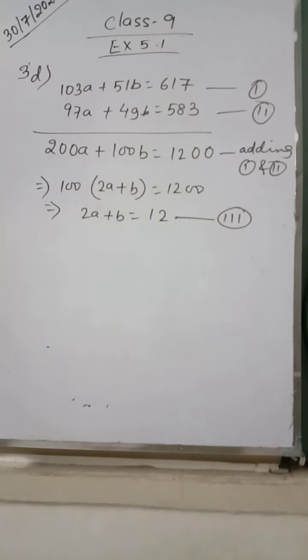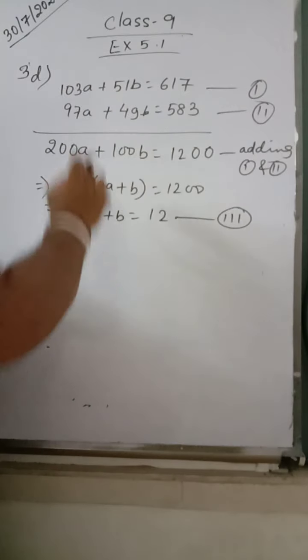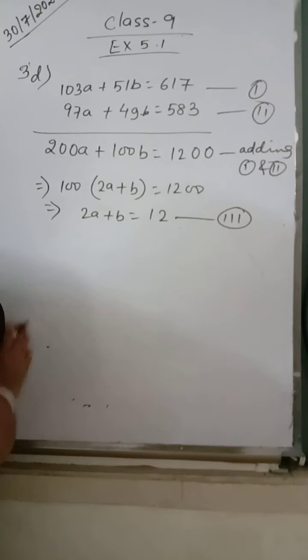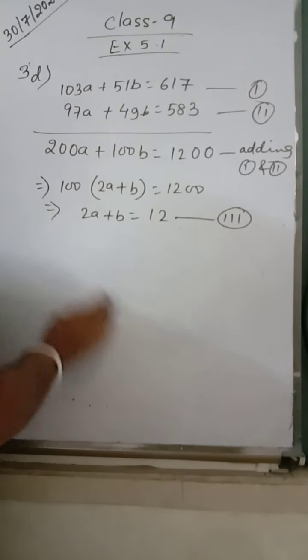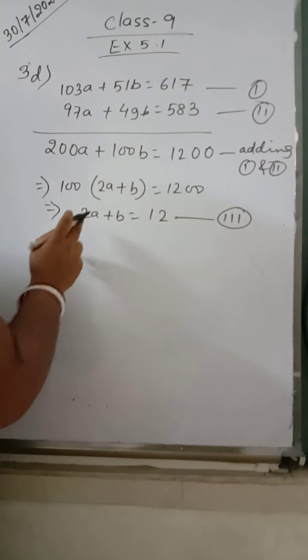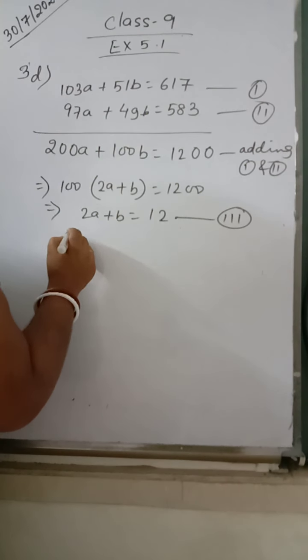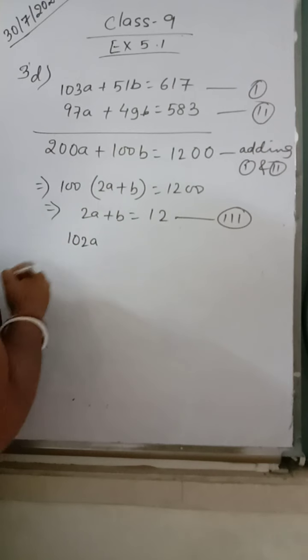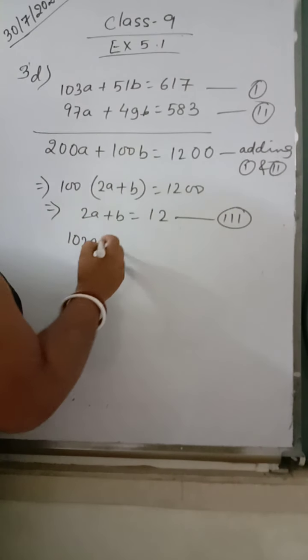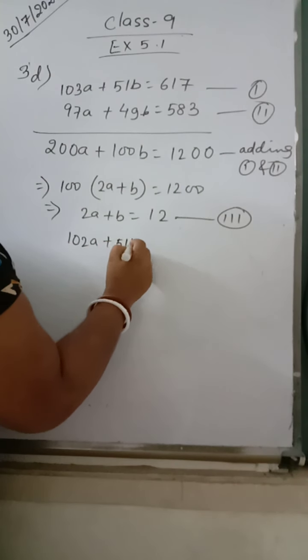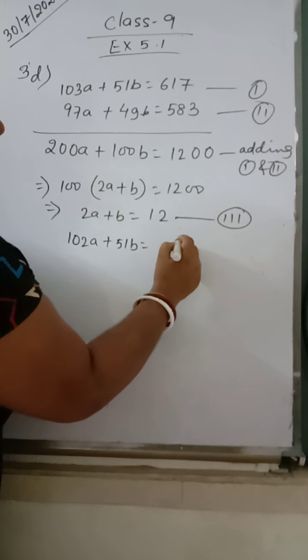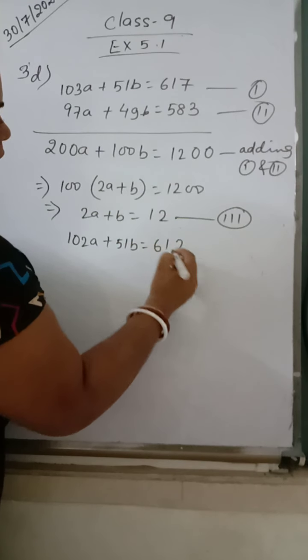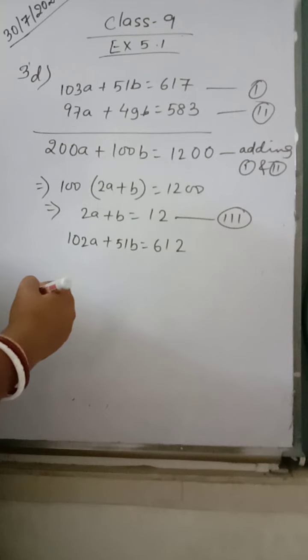Now according to our choice we can change it. To eliminate this b, I have to multiply this one with 51. So 51 2s are 102a plus 51b, and 12 ones are 12, 12 5s are 60, and 1 6, 61.